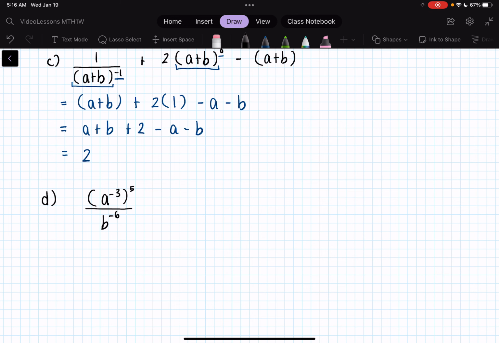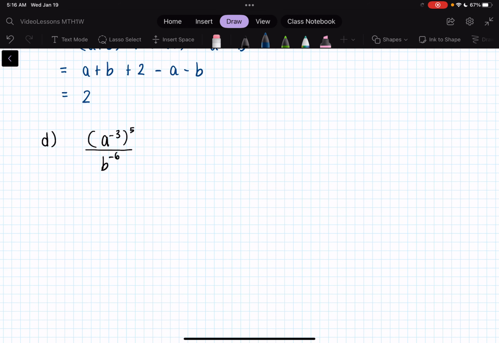Okay. So in this one, what I recommend doing is, before you start looking at negative exponents and things like that, you simplify. Always simplify the top, simplify the bottom, and then you simplify the fraction. So here in my numerator, I have a power that's raised to a power.